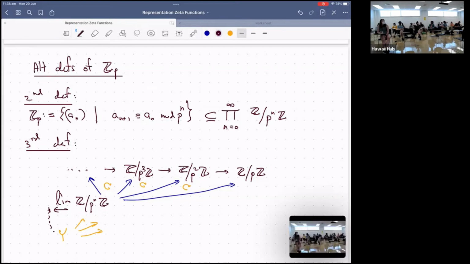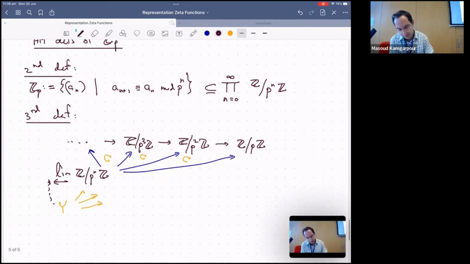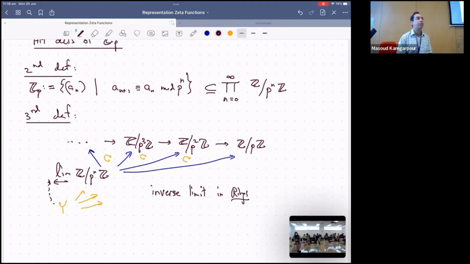Yes, it's a limit in the category of rings. Thank you, correct. So it's the inverse limit. Let me write it down: in the category of rings.